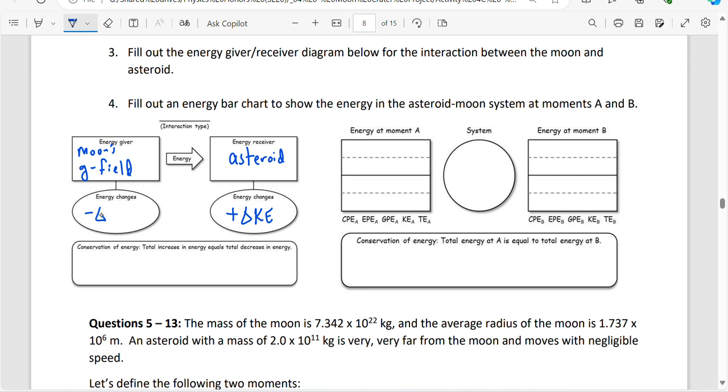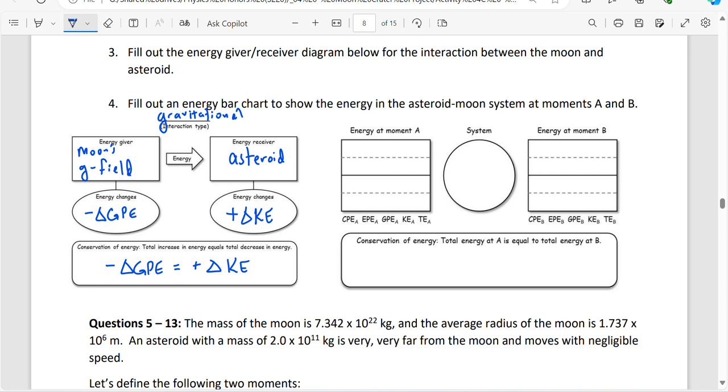And the moon's gravitational field is giving energy from the gravitational potential energy storage account. It's still a gravitational interaction. And our conservation of energy equation then looks like negative delta GPE equals positive delta KE.